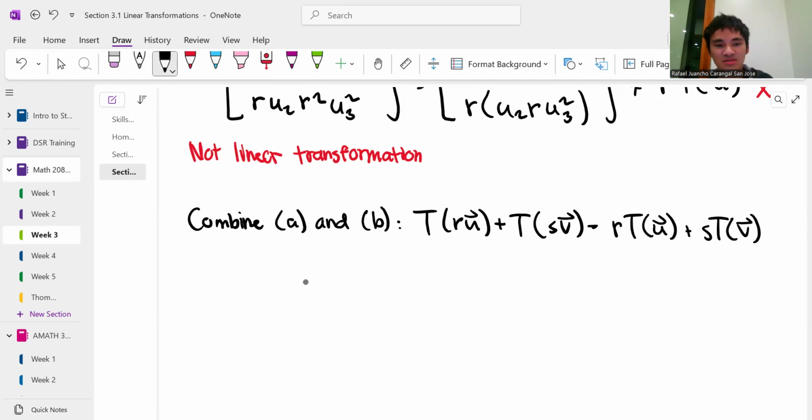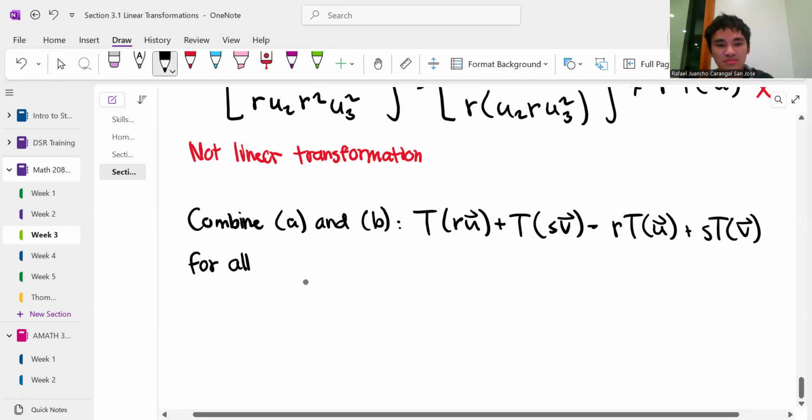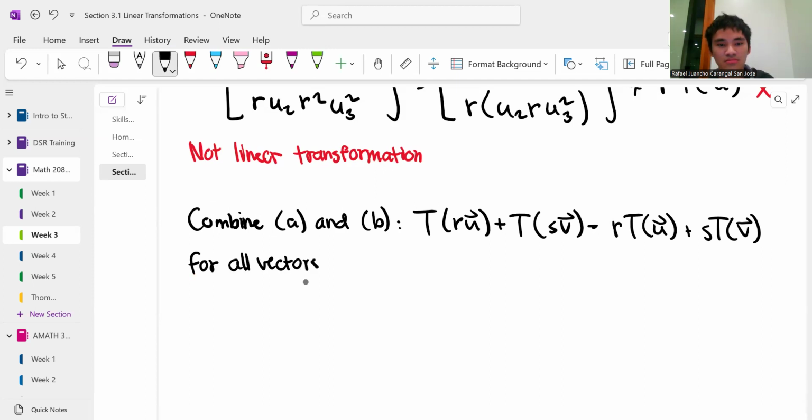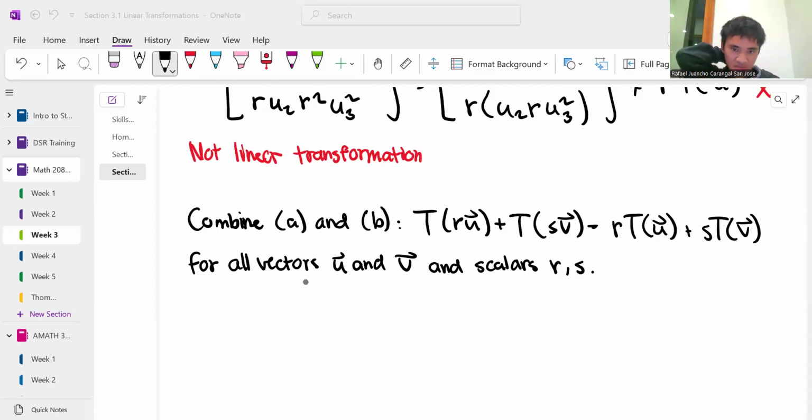For all vectors U and V and scalars R and S. Now, the proof here is pretty much equivalent to the first one.